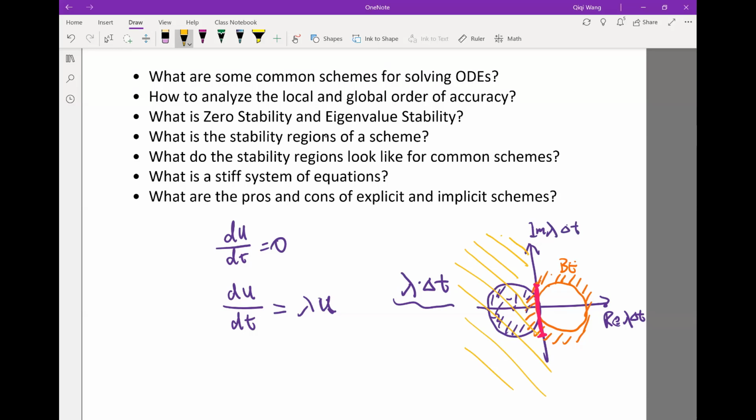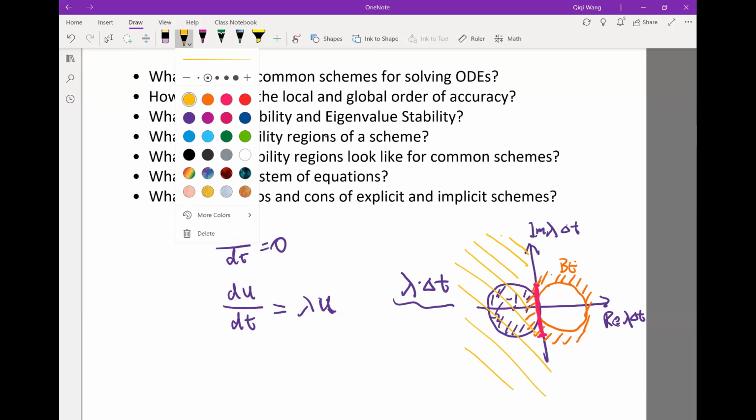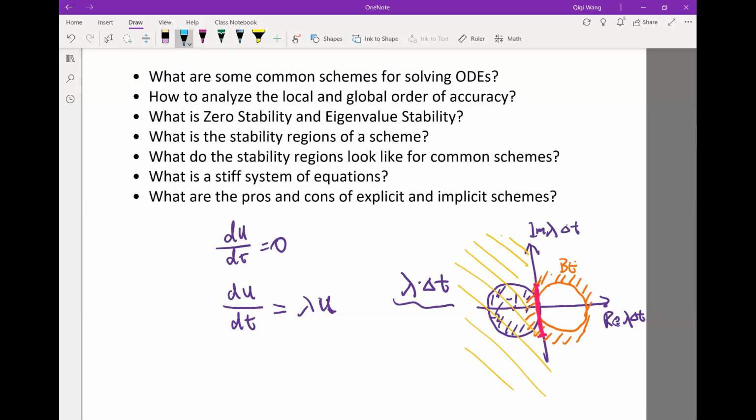Runge-Kutta schemes have weird shapes in their stability regions. RK2, for example, has a stability region that's kind of like a deformed oval. So you should roughly know where the stability regions are for simple schemes.